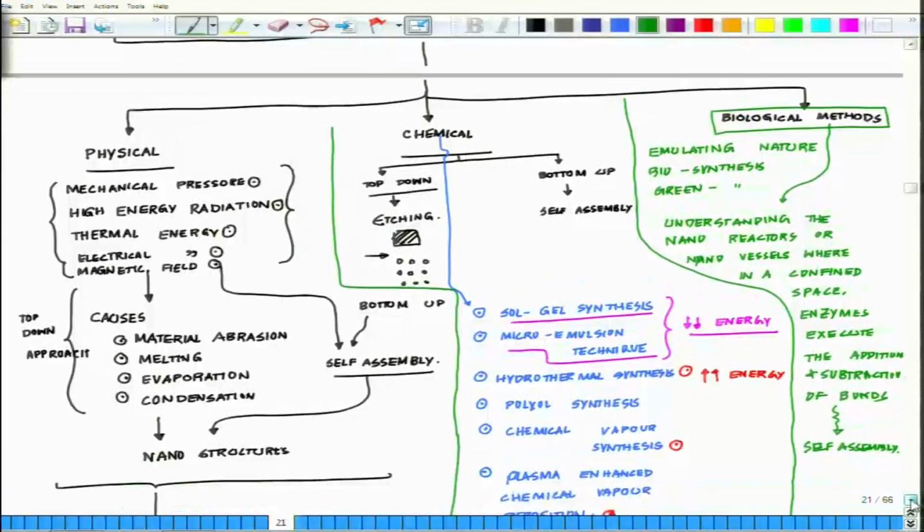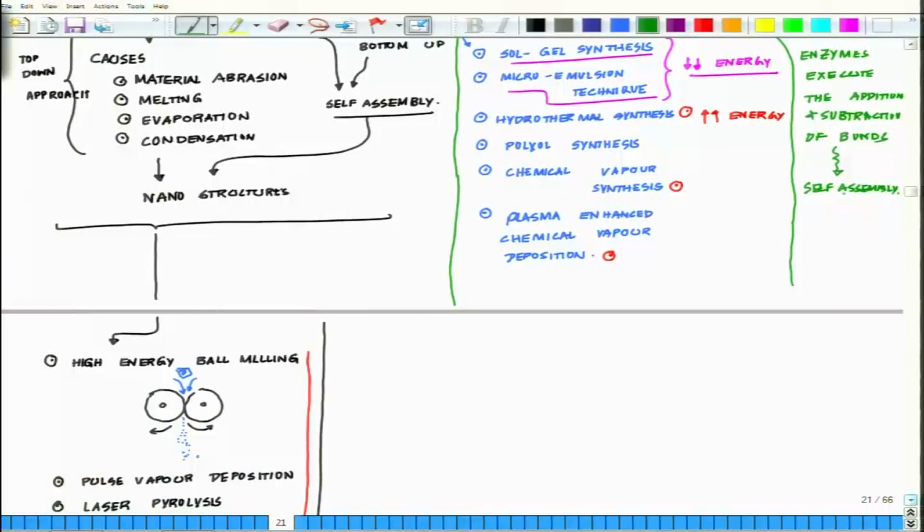Or even at times these enzymes could catalyze, executing the breaking of bulk, thereby leading to small particulates.